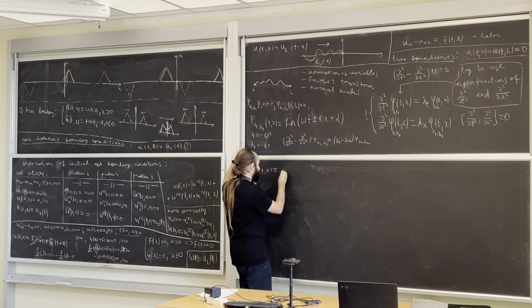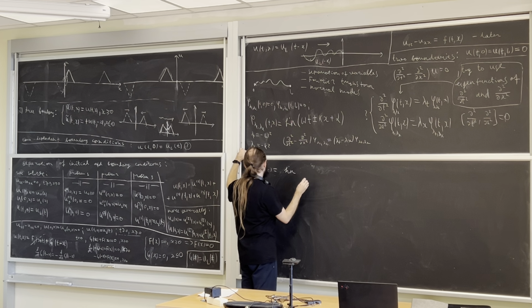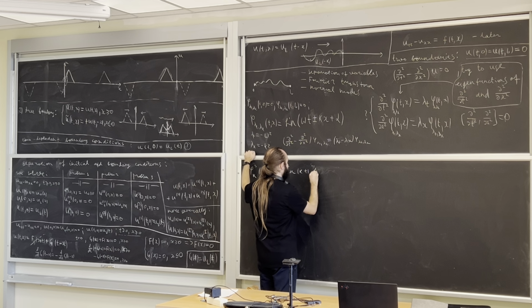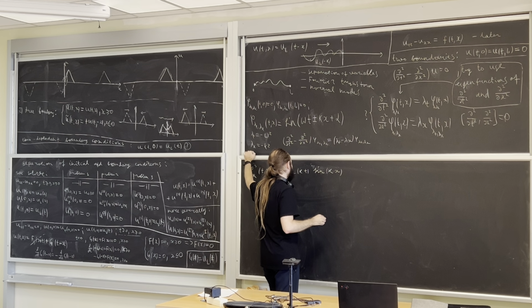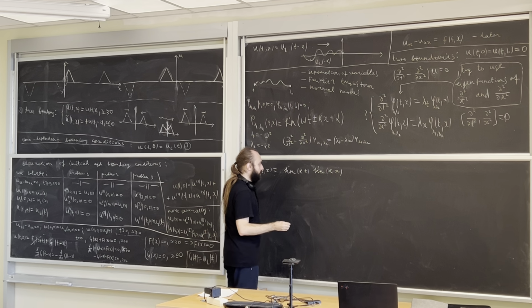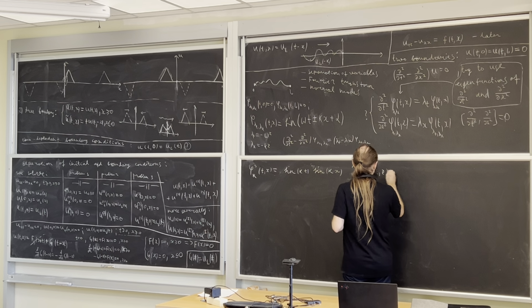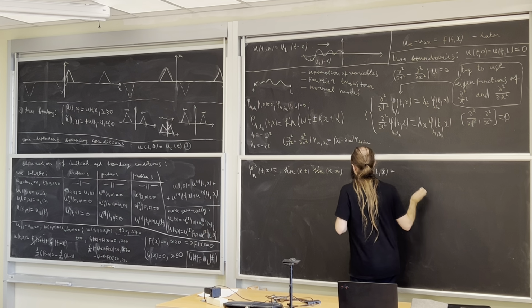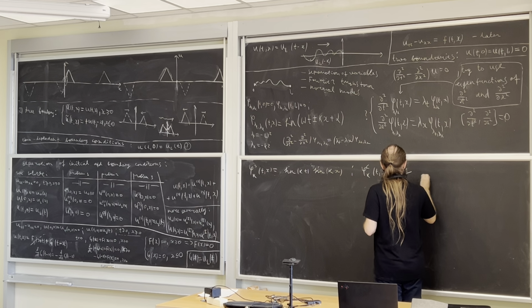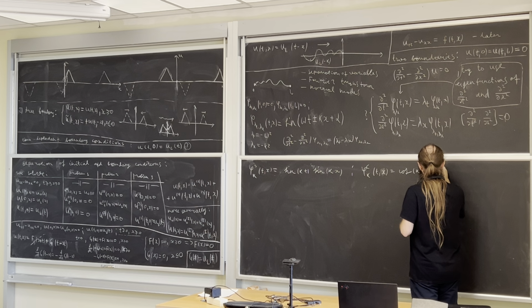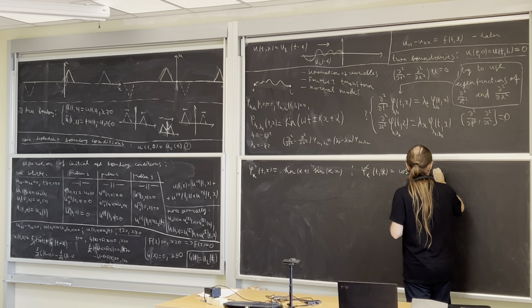It will be a sine of kt times sine of kx, and the cosine function, cosine of kt times sine of kx.